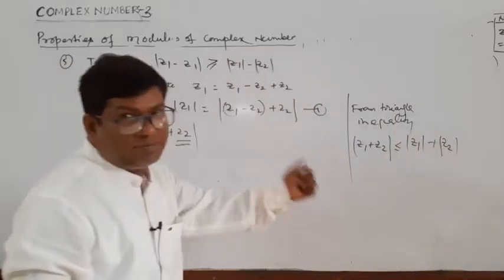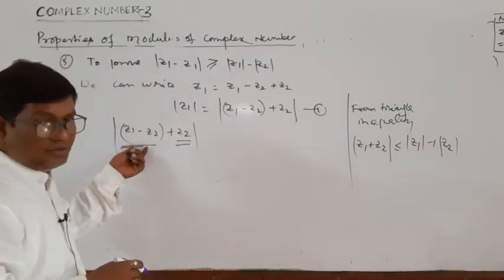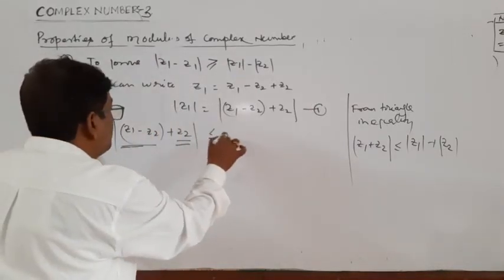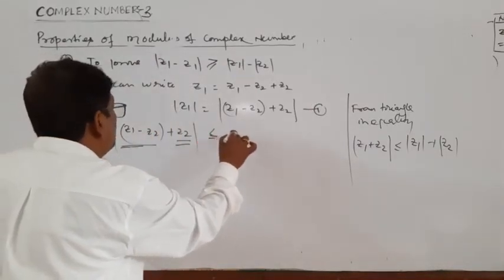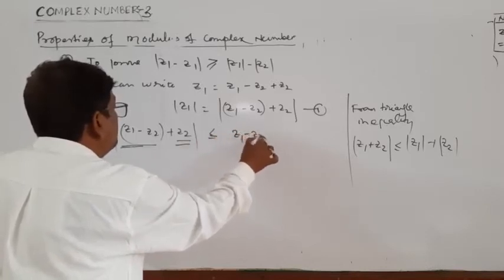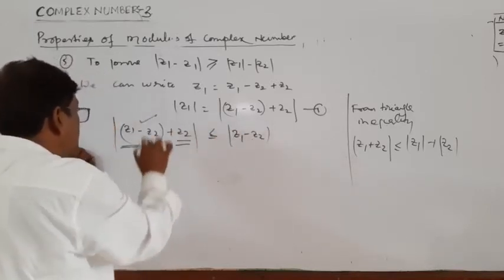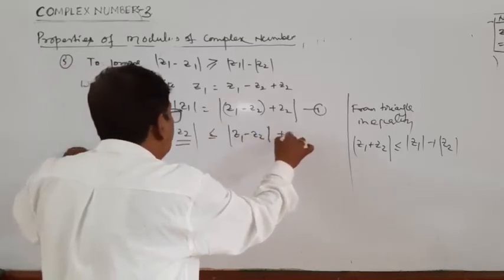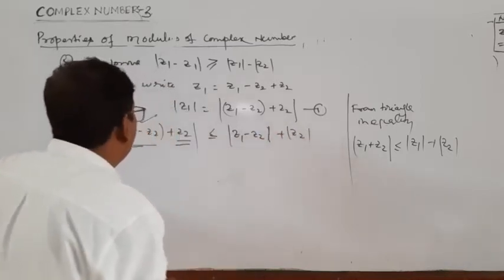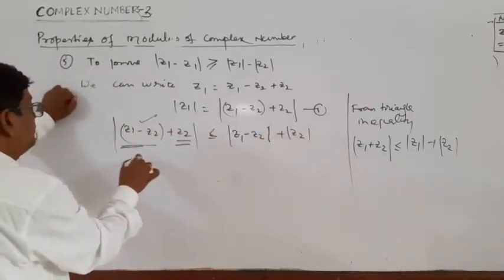Apply this property, suppose this is Z1 and this is Z2, less than or equal to mod of the first term Z1 minus Z2 plus mod of the second term, that is Z2.